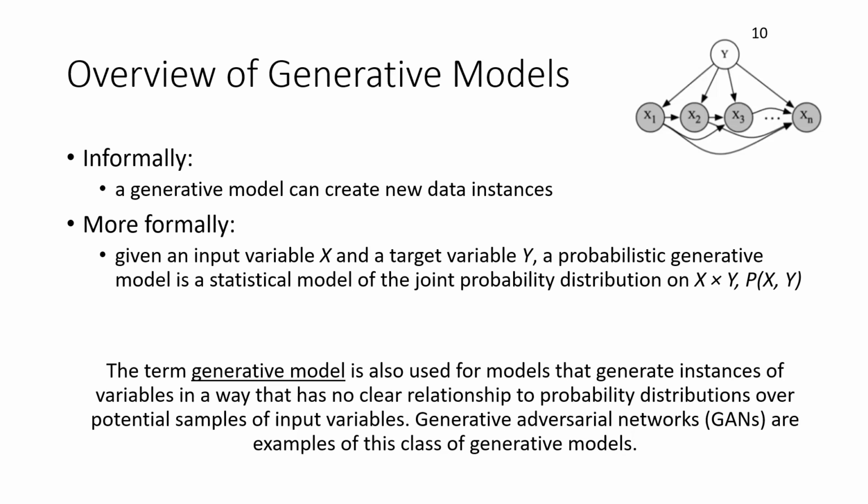That means that implicitly there still exists a probability distribution, but we don't know it, or it might be very intractable or very complicated. An example of these models is the generative adversarial networks, which produce data, that means X's and Y's, without ever explicitly defining this probability distribution. Okay.